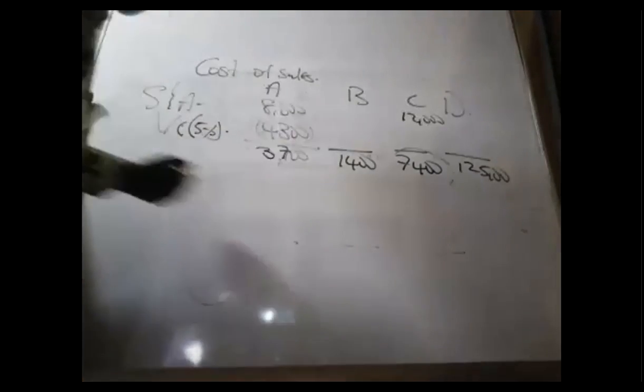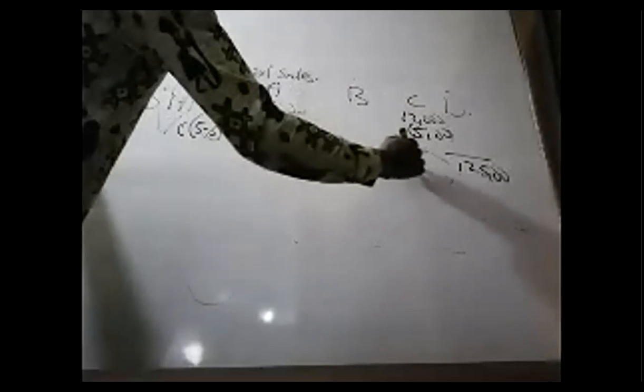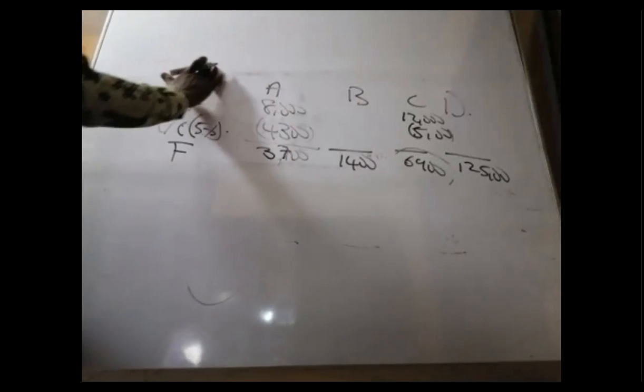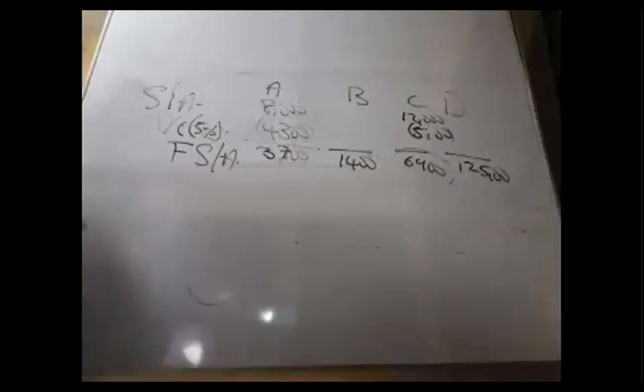Percent of the sales over there. So 5,100. Okay, so 6,900. Great. Okay, so putting the total fixed cost together, this is fixed selling cost. Let's put this on fixed selling and admin cost.